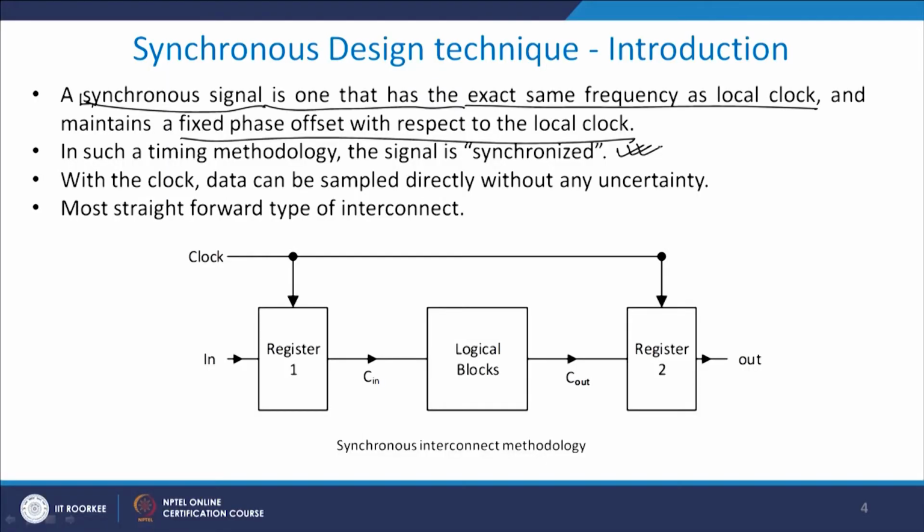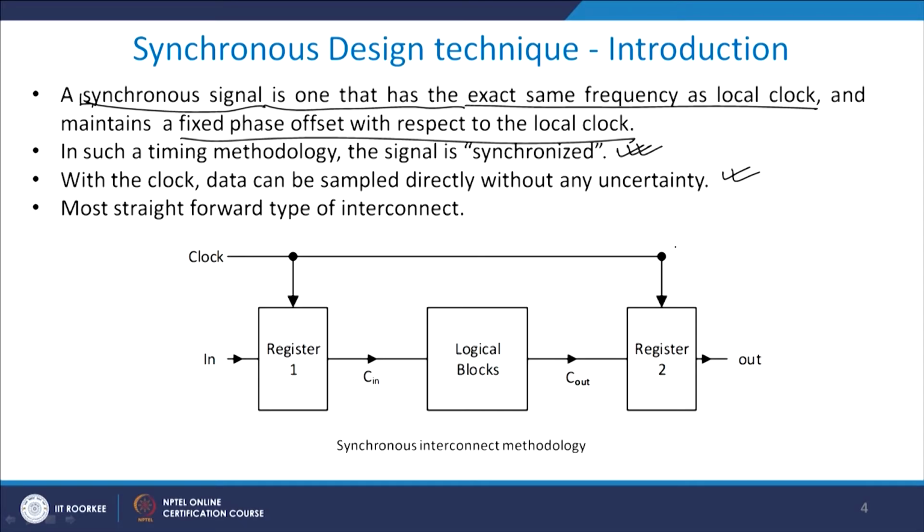You are allowed an offset in the phase, but that offset has to be constant across the time domain and across the frequency domain. That is pretty important: you should have the same offset for all values of the input signal. So, with the clock, the data can be sampled directly, as I discussed with you. We have already seen time and again that there is no requirement for that.